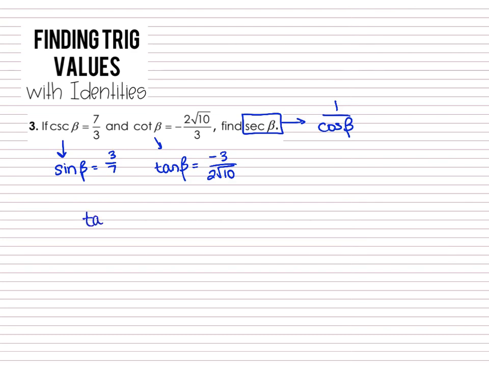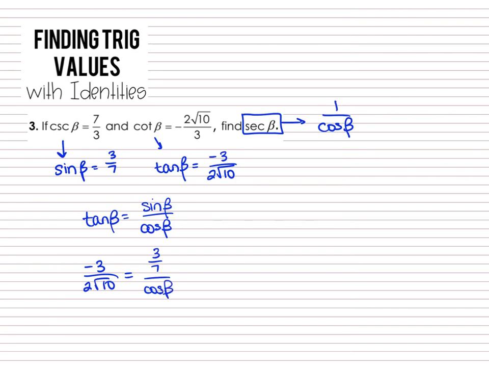So I'm going to say that tangent of beta equals sine over cosine. So I'm going to plug in what I have. I have negative 3 over 2 square roots of 10 equals 3 over 7 over cosine. What's interesting here, if you think about it, sorry, that should be beta, not theta, my apologies.